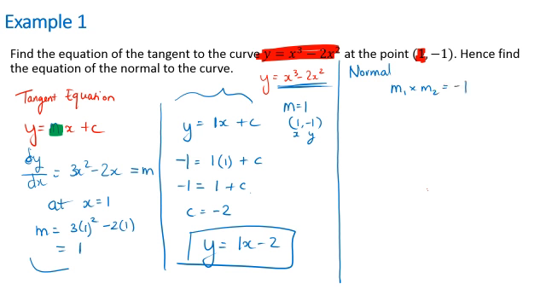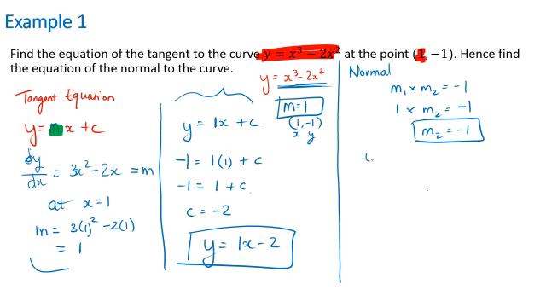Well, you just found m1, which was your gradient from your tangent. You want to find a normal which is perpendicular to it. So 1 times m2 will give you negative 1. That means m2 equals negative 1. So I just found the gradient of my normal line without doing the derivative or anything.